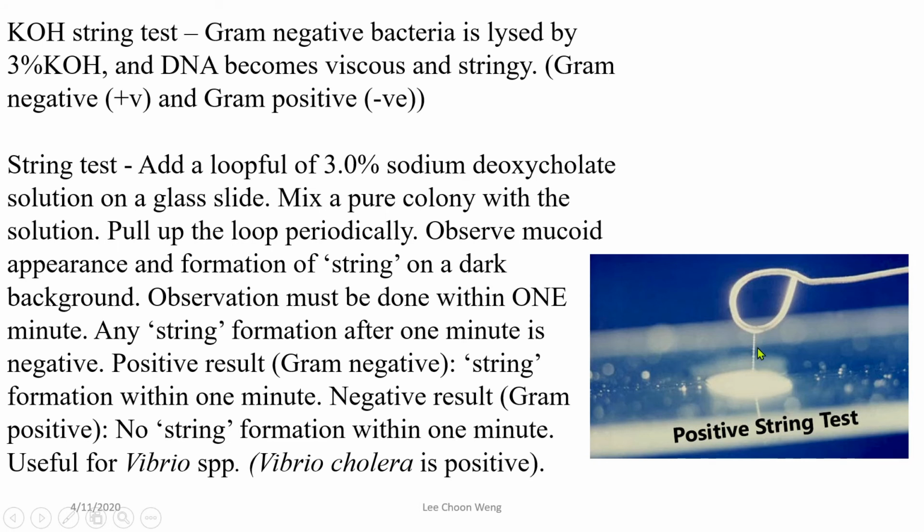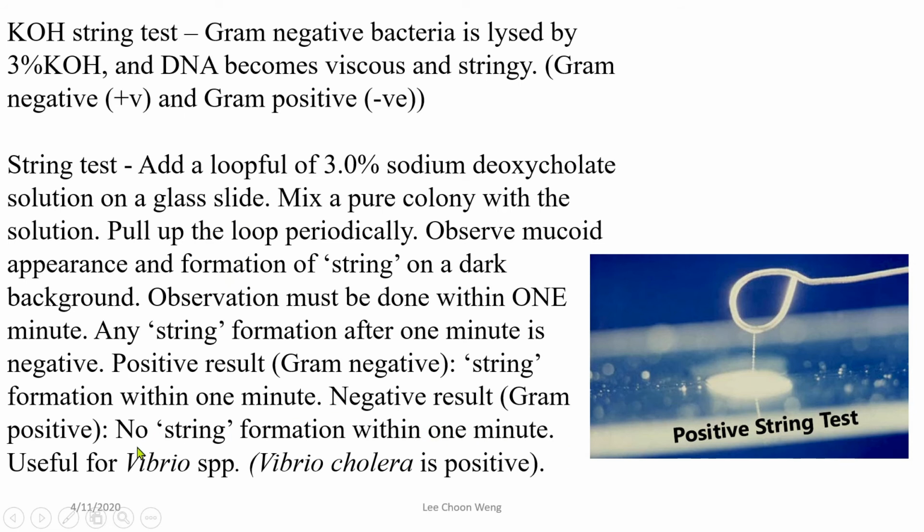So if it's viscous and you can see a positive string test here, that means the bacteria here is a gram-negative bacteria, as gram-positive bacteria will give negative results.